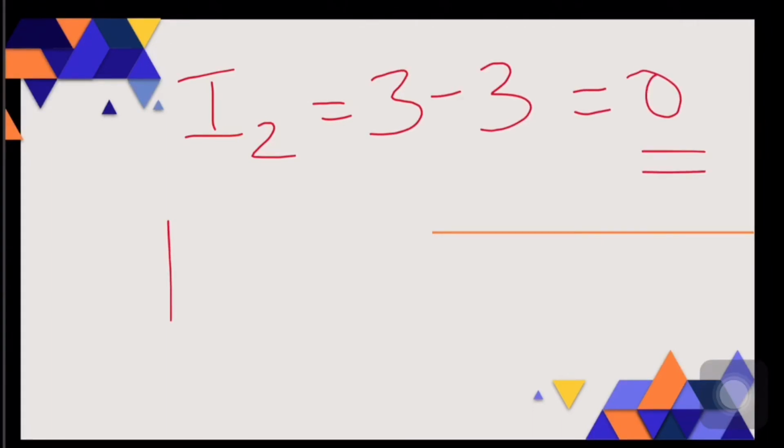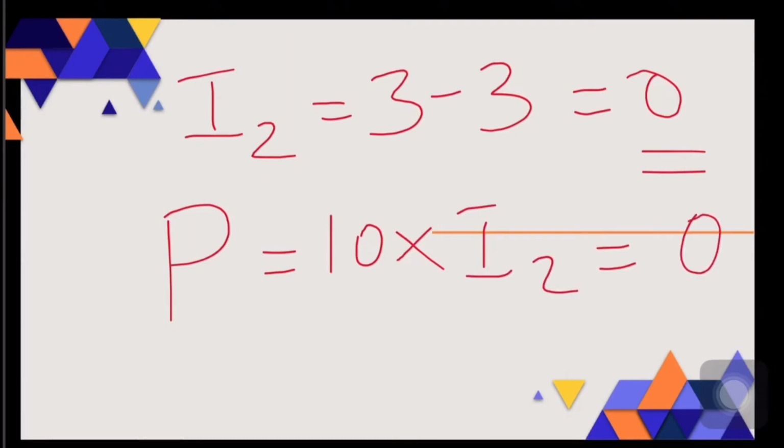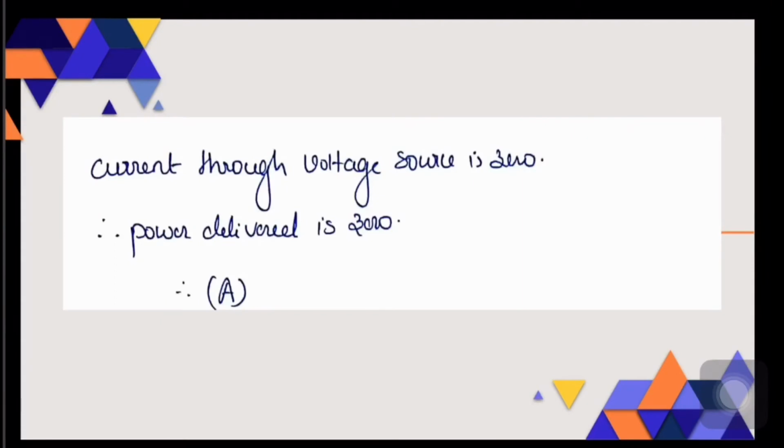Correspondingly, the power supplied by the voltage source 10 volts become 10 into I2, that is 0. Clear? Thus, our answer is option A, 0 watts.